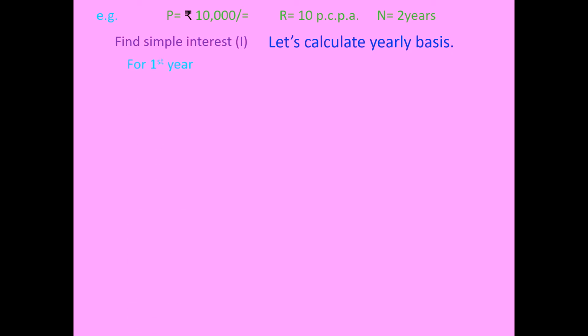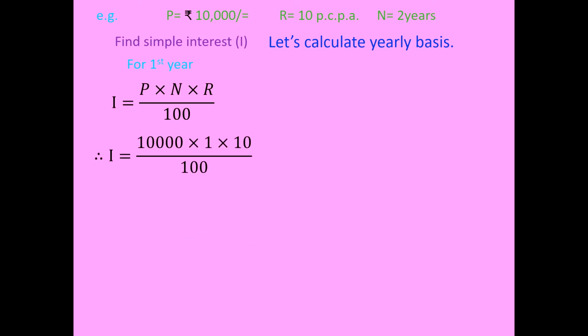So let us go for the first year. I equals P into N into R upon 100. Our principal will remain 10,000. N will become 1 because we are calculating for the first year. And the rate is 10, cancellation. Then we get interest as 1000 rupees.